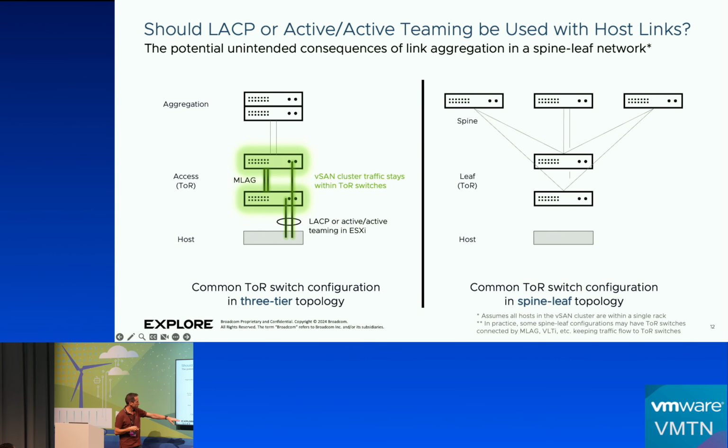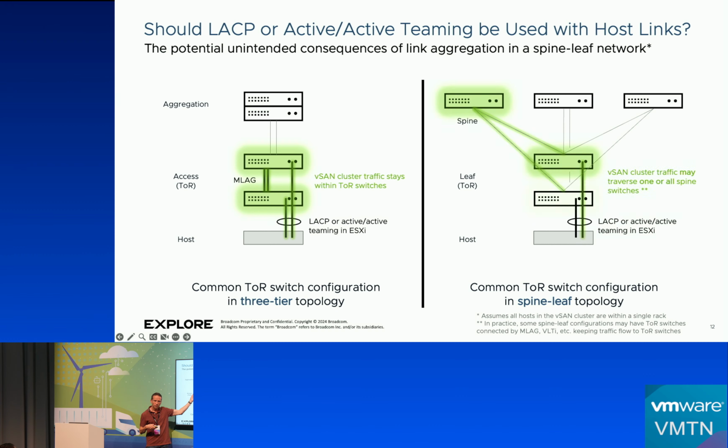So what happens here in a top-of-rack switch for a 3-tier topology, when you have an interconnect, most of the time these days it's an MLAG, is that if you have your active and standby uplinks going here, in fact, if they're done properly, they'll just stay in a single switch.